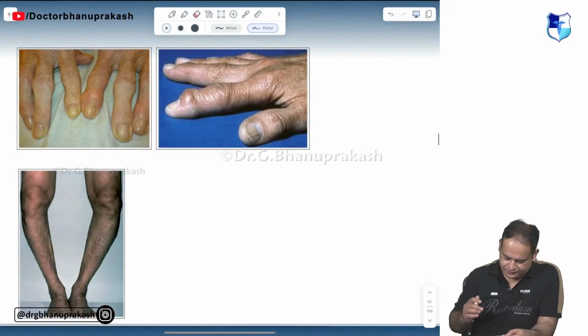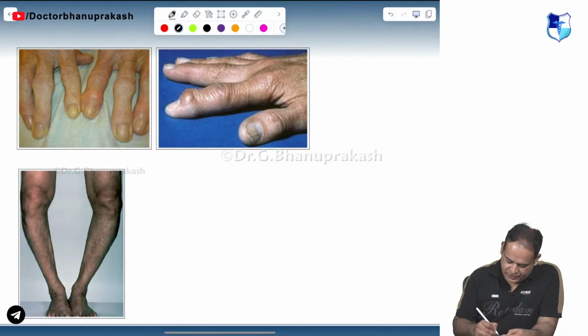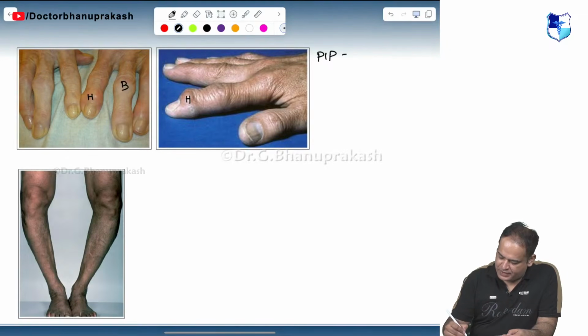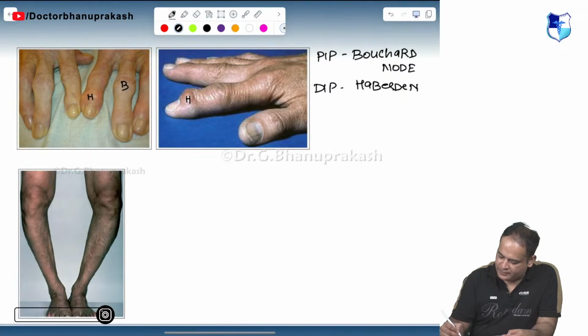Now here, what do you see? You see the swollen DIP joint, Heberden node. Swollen PIP joints are called Bouchard nodes. Swollen DIP joints are called Heberden nodes.